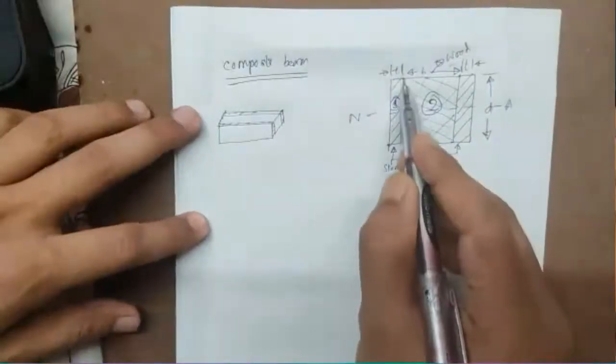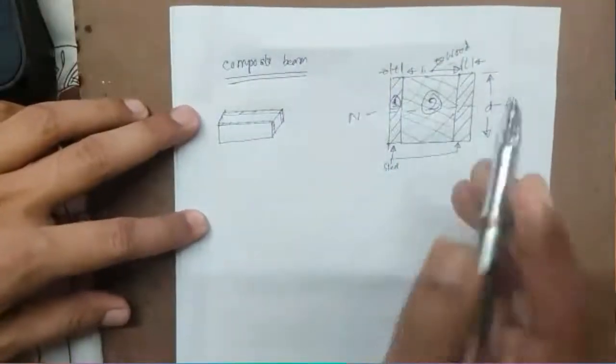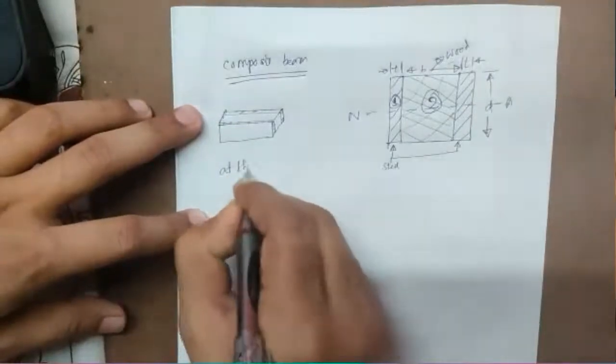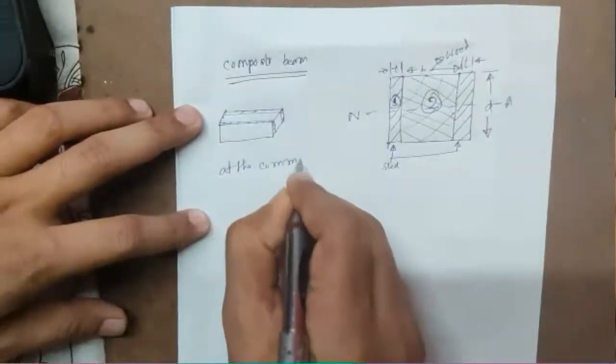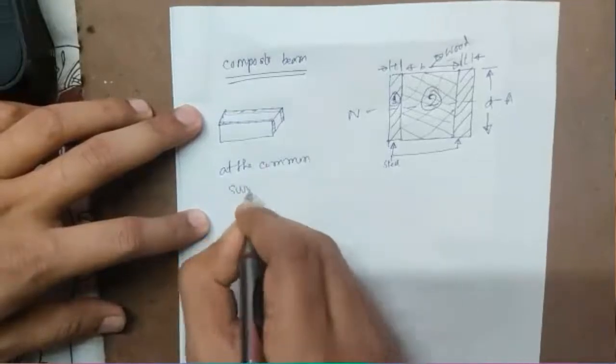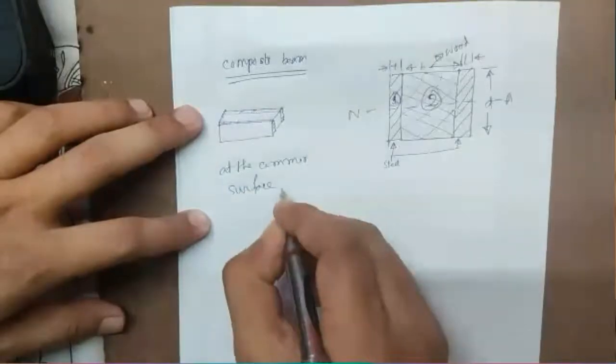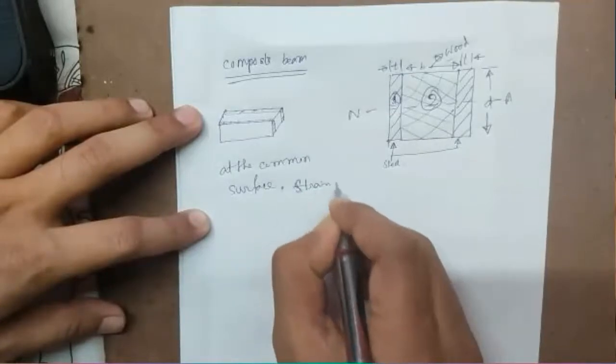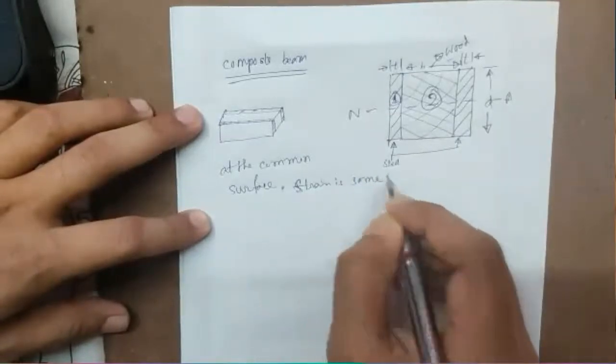in this common surface here or here, the strain will be same. So at the common surface, the strain is same.